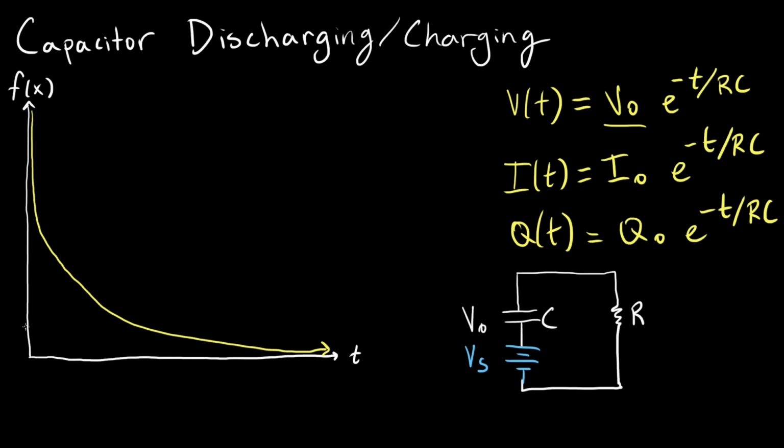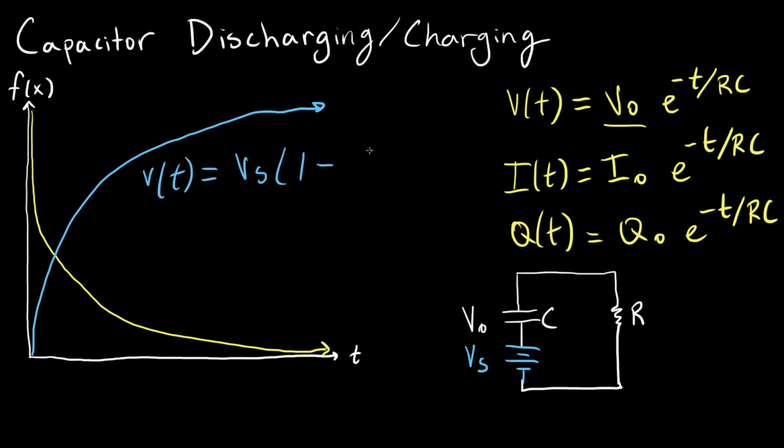So the graph of the charging will look like this. And the equation that describes this graph is V of t is equal to Vs times 1 minus e to the negative t over RC.